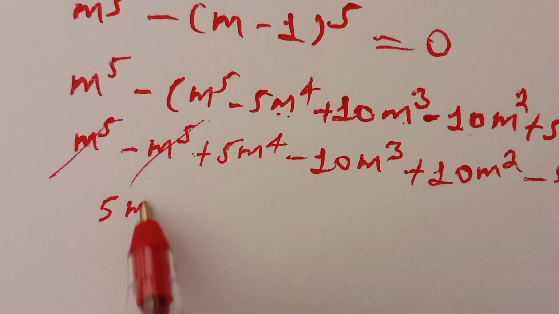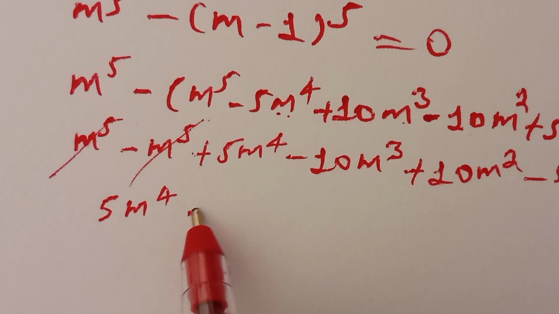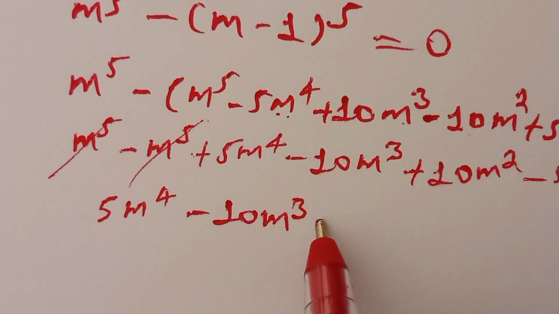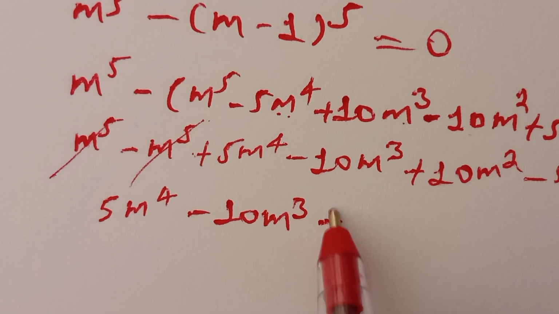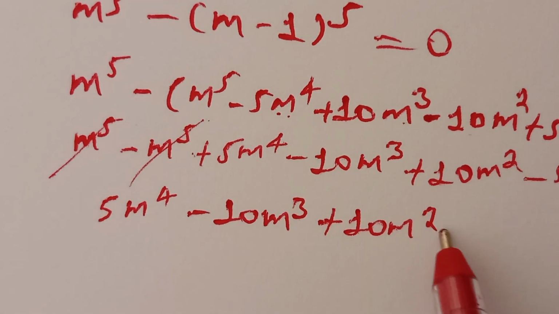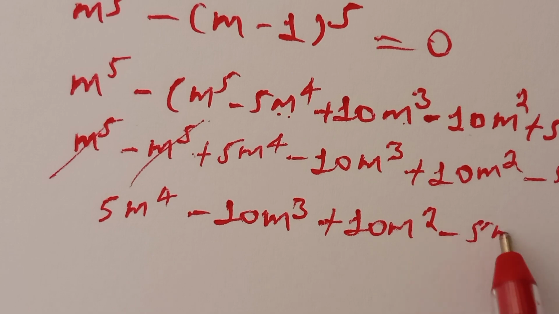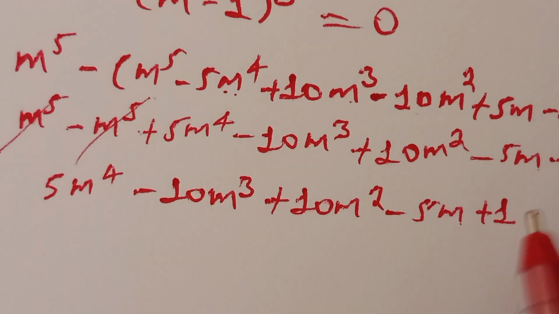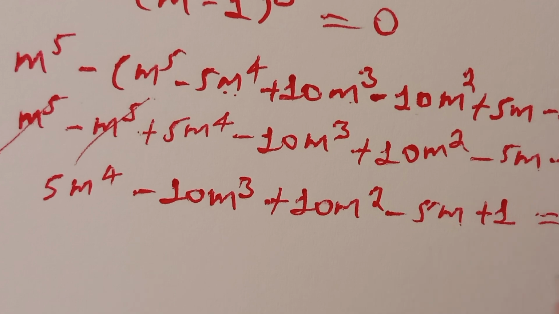5m to the power of 4 minus 10m to the power of 3 plus 10m squared minus 5m plus 1 is equal to 0.